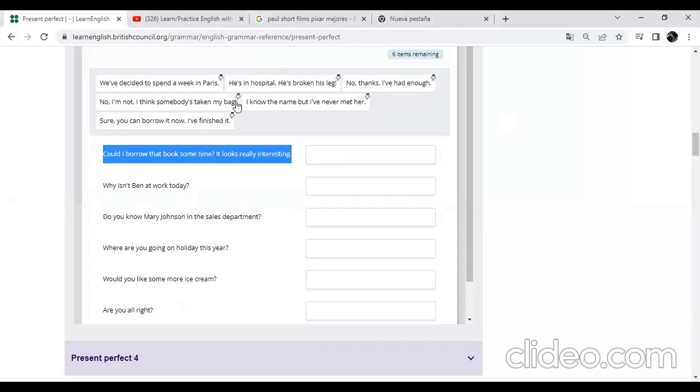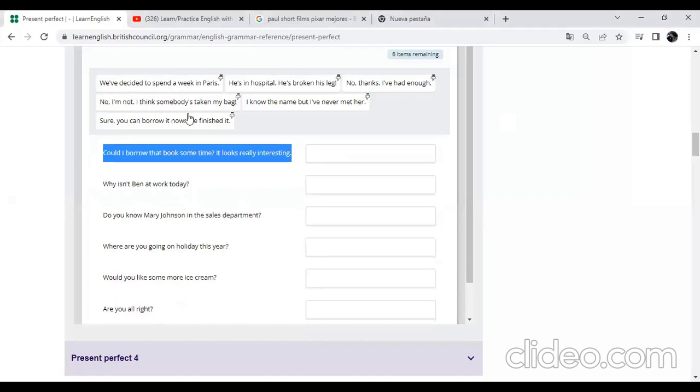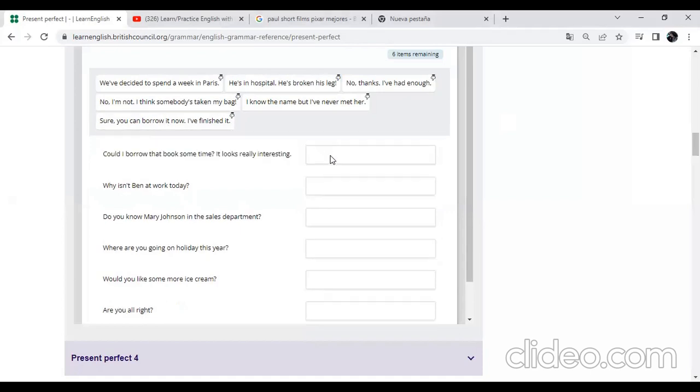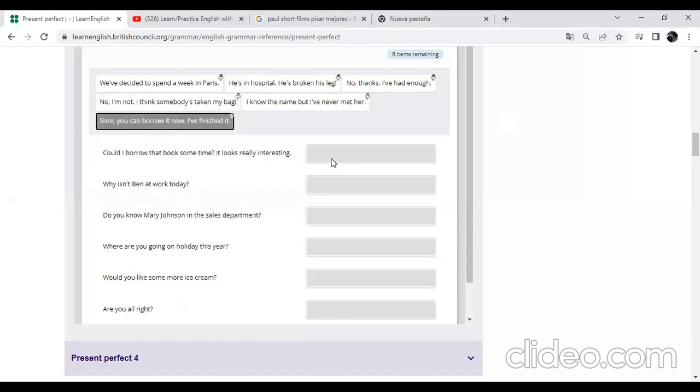Could I borrow the book sometime? It looks really interesting. And the answer is yes, sure. You can borrow it. I have finished it. Okay. Sorry, I couldn't understand you. Good job. The next one.